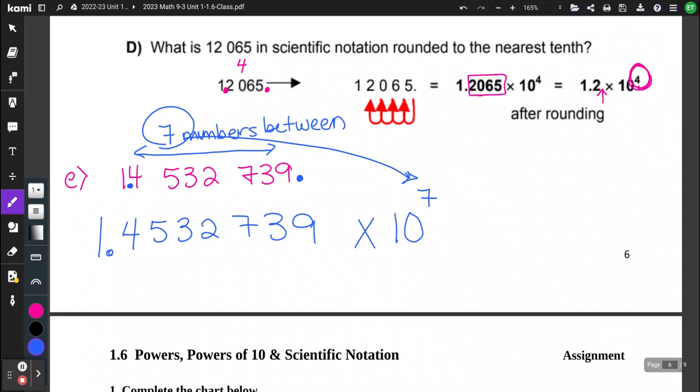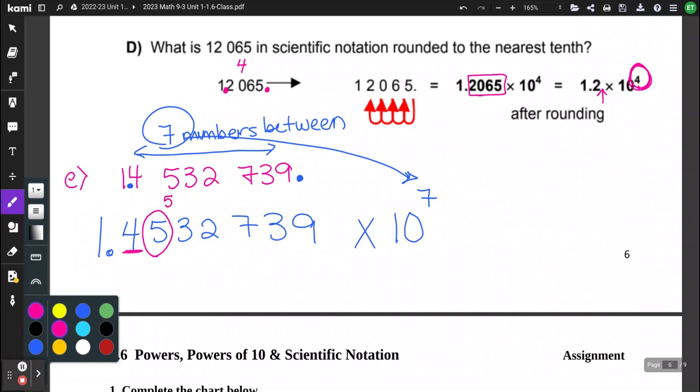So if I said to you, I want to round this number. Remember, when we're rounding, we look at the number to the right. So I'm looking at the 5. What is the 5 going to make the 4 do? Is he going to stay a 4 or is he going to add 1 and become a 5? What do you think? He's going to add 1. You're exactly right.